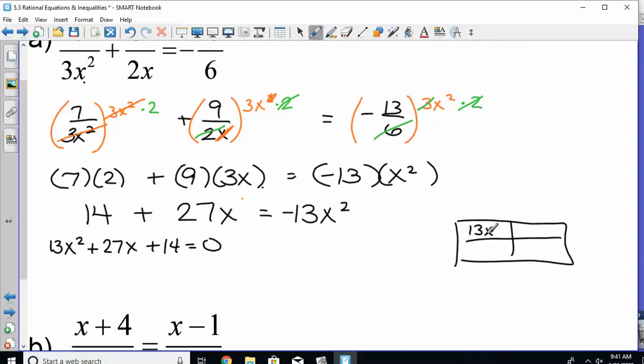So 13x squared and 14. If I multiply those, we get 182, and they have to add to 27. What would it be? Or 14. So factor.